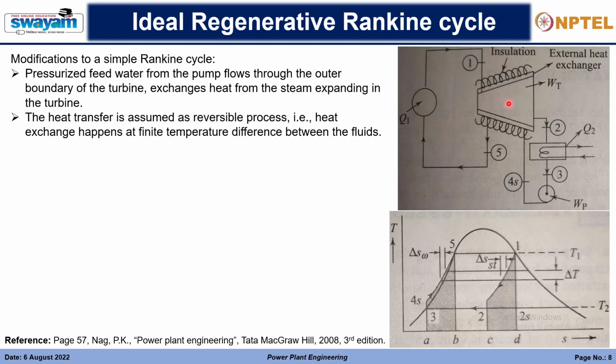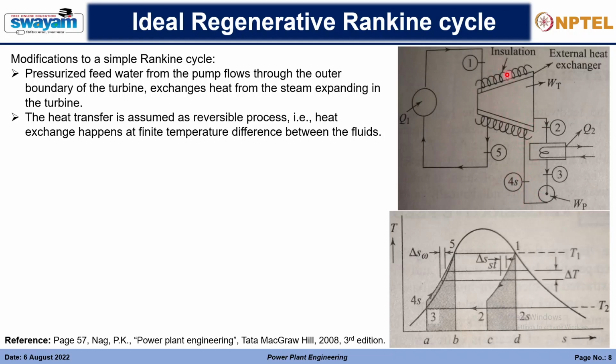When the steam is expanded, some heat is lost to the external body of the turbine. In practical conditions you do not have a reversible adiabatic or isentropic condition; heat is always lost. So why not use that heat of expansion, right?